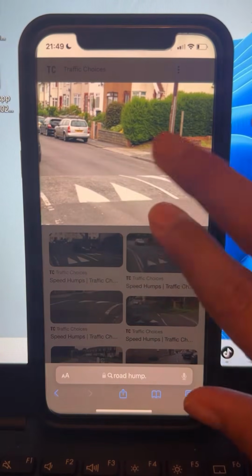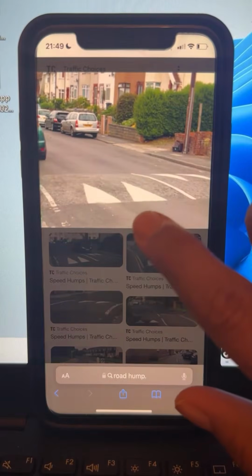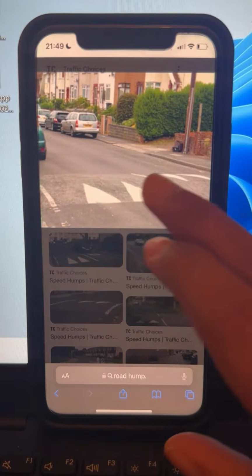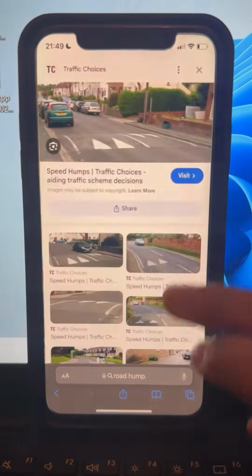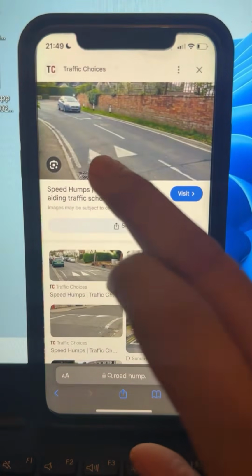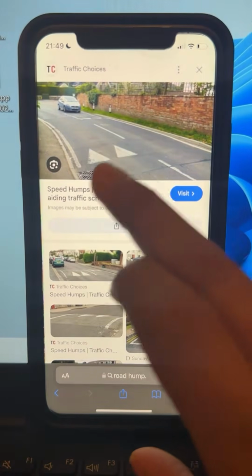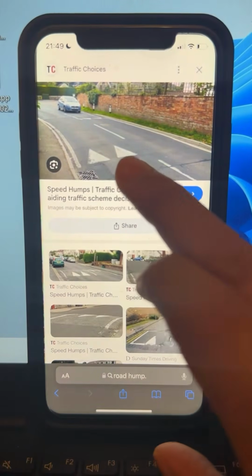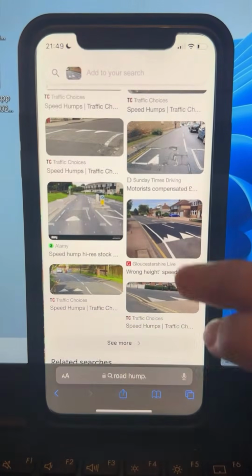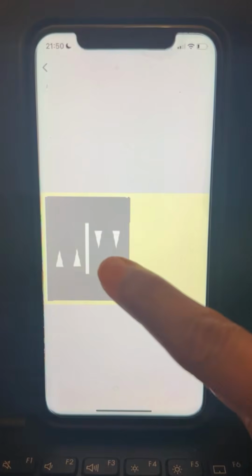Especially if we drive at night time, if there is no triangle there, you would not tell that the road is humpy. This is to show you that there is a hump there. Imagine there is no triangle. You will not see it, you will not notice it, especially at night time. So you will see these road markings on a road hump, definitely.